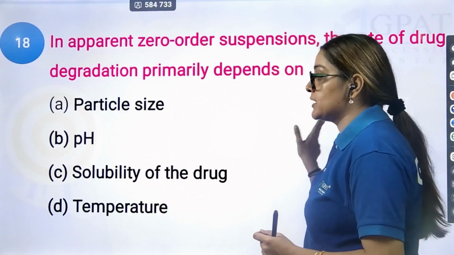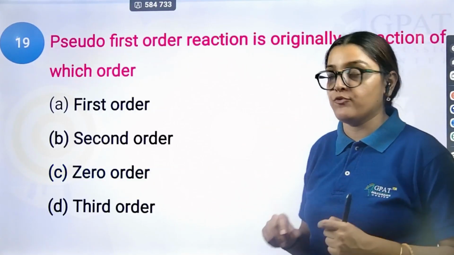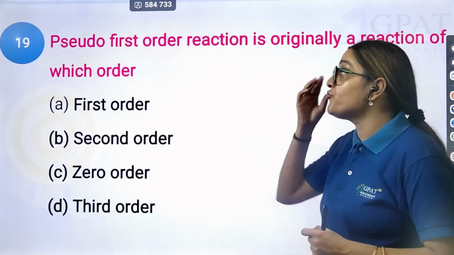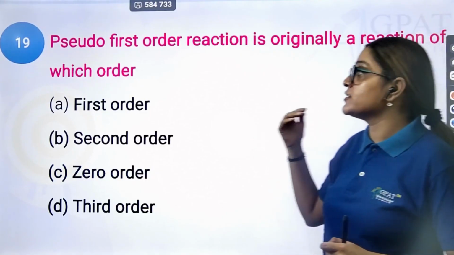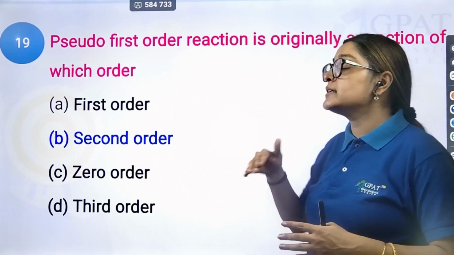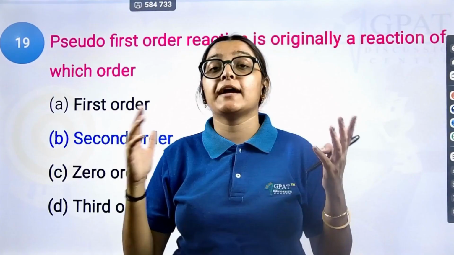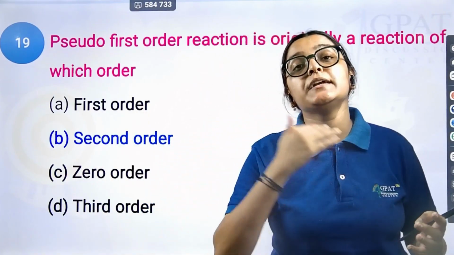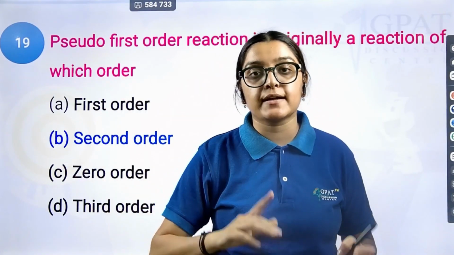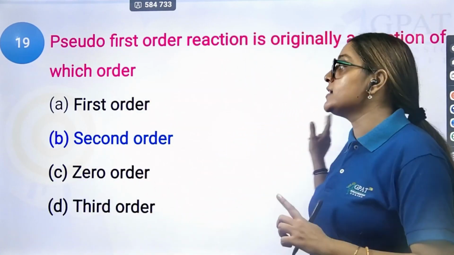So it depends upon the solubility of the drug as mentioned clearly before. Okay. Next, pseudo first order reaction originally is which order? So pseudo first order reaction is originally a second order reaction, but out of which one component, for example in the hydrolysis of ester, gets independent of the concentration of one reactant, and from the second order it is now left to the first order reaction.